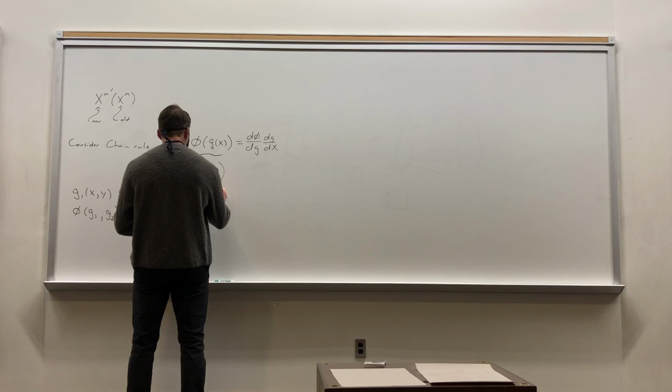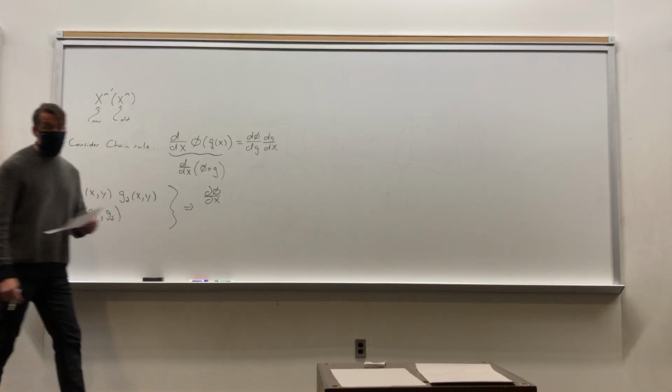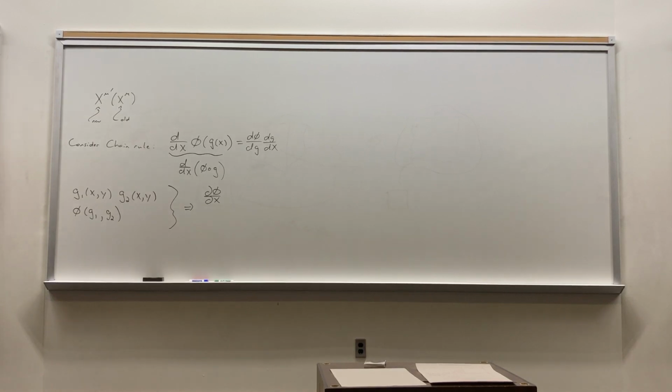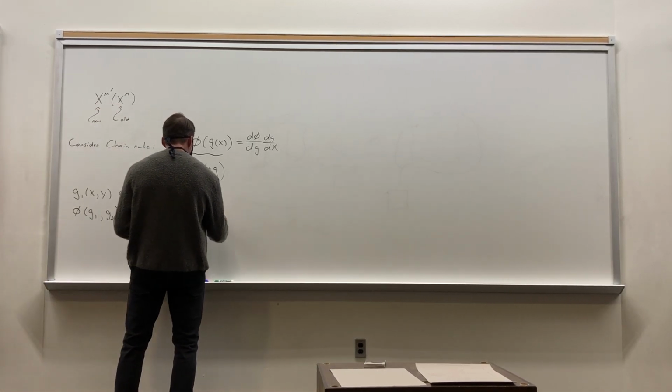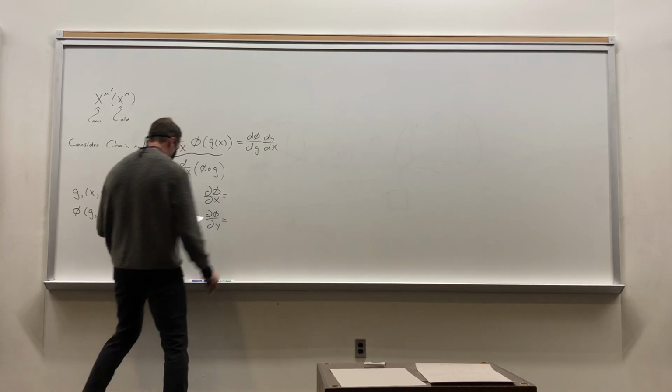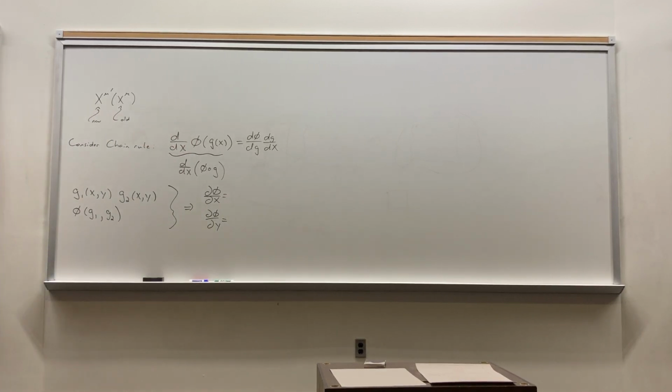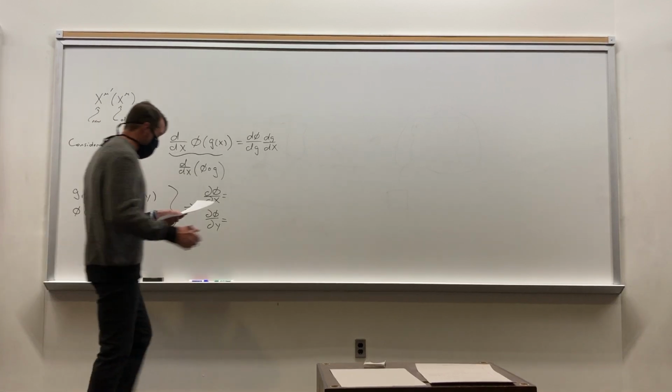Okay? So putting this into the same story, what I arrive at is the following. If I want to calculate the now partial derivative of phi with respect to x, partial because we have two independent variables, x and y, and I also want to calculate the partial of phi with respect to y, then we apply the chain rule, but realize that the chain rule now has to go through these two intermediate functions. So this is the way that it ends up looking.